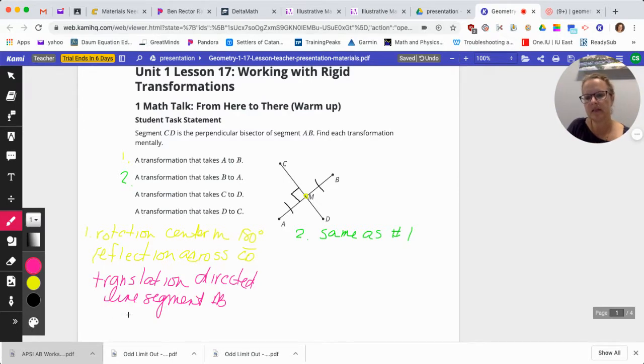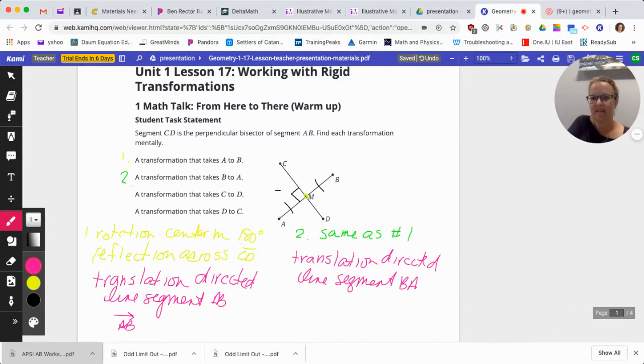That means a translation along the vector AB. So it would go from here to there. Okay, I'm going to erase that though. And that would mean that number 2 has the same thing, but the opposite direction. A translation along the directed line segment BA. It would go from here to there.